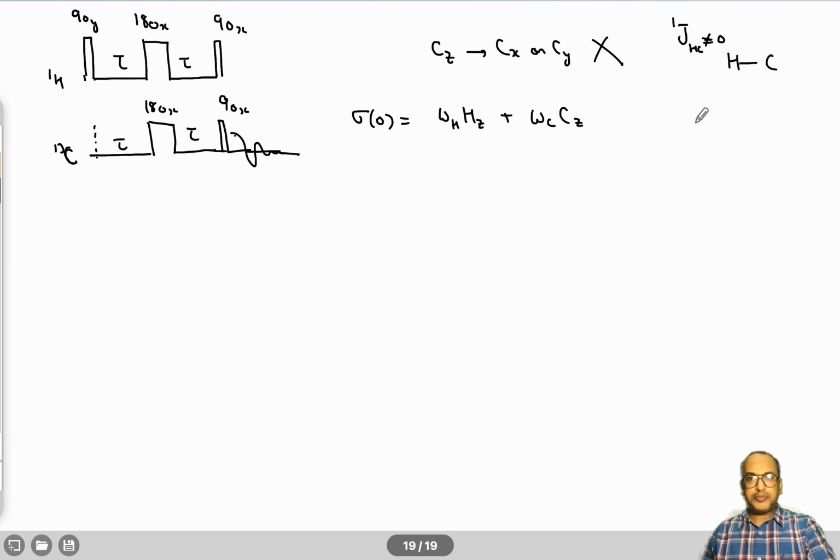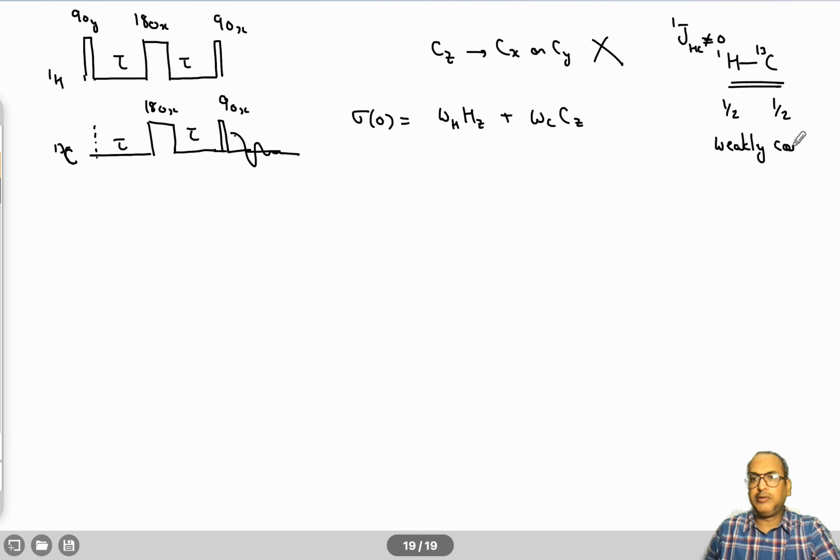So this is also a spin half system, this is also a spin half system, right? So it's a case of two spin system which are weakly coupled. Why weakly coupled?